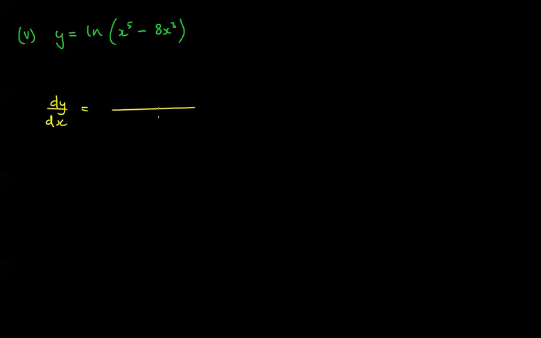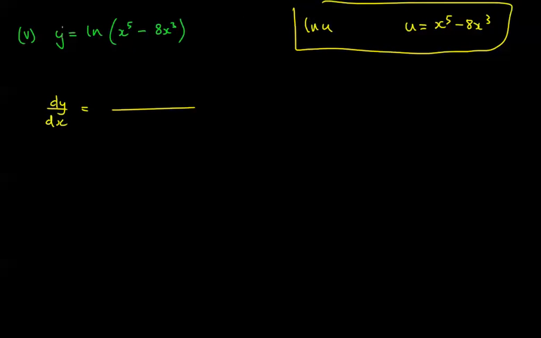First of all, it's going to be a fraction, like all the others were. Remember, this is the same template as log of u, letting u equal x to the power 5 take away 8x cubed. It's a template to follow. If it looks like a composite function like this, follow this template.